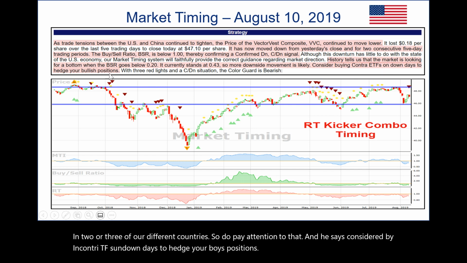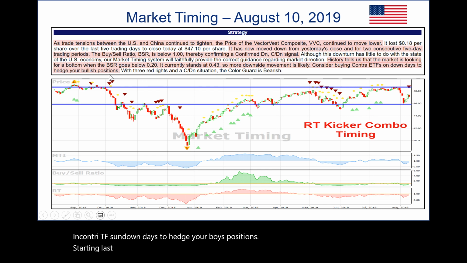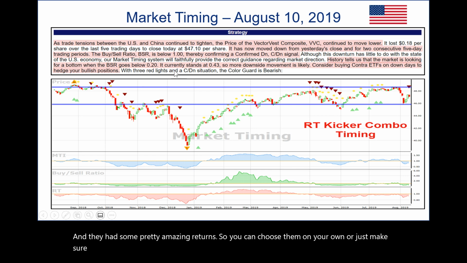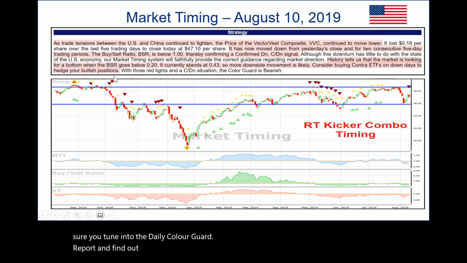And starting last Thursday, that's what they were doing with the hot stock picks in the daily color guard reports, and they had some pretty amazing returns. So you can choose them on your own, or just make sure you tune into the daily color guard report and find out which contras they might be selecting. So you can see this tight channel that they've been in the US.